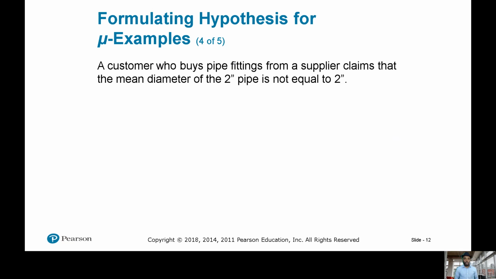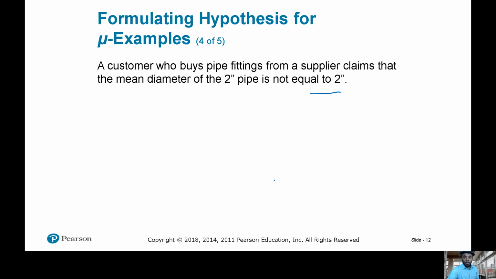Looking at this problem, we are saying here that a customer who buys pipes from a supplier claims that the mean diameter of the pipes is not equal to 2.